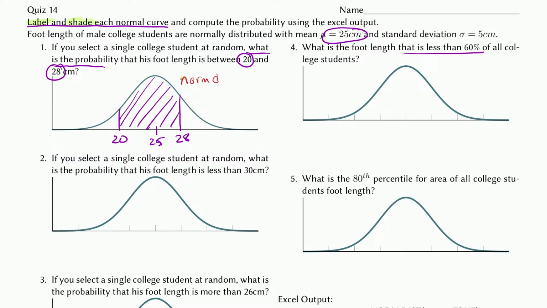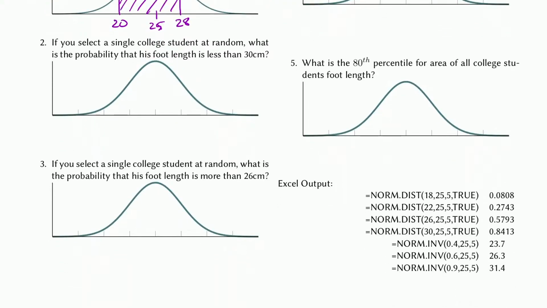So you have norm.dist of 28, 25, 5, true, minus norm.dist of 20, 25, 5, and true. I know, that's a lot. You don't have to write all that down. All you have to do is pull out your calculator, go down here, and I've got the actual calculations that I did using Excel. And just find the correct ones.